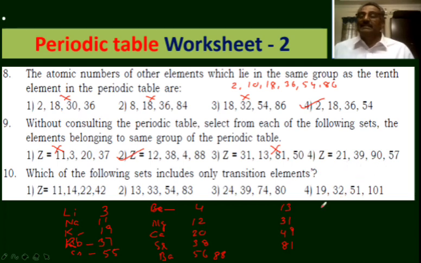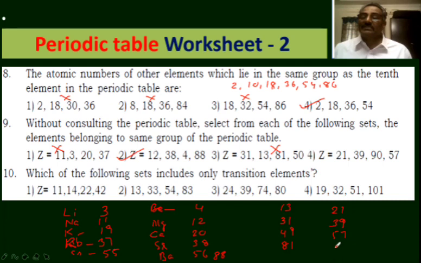Next, the least element here is 21, that is scandium. To get the atomic number of the next element, we need to add 18. 21 plus 18, 39. If you add one more 18, we get 57.